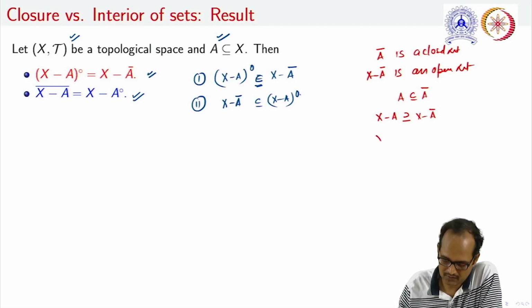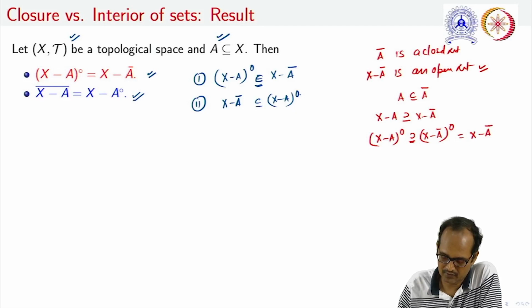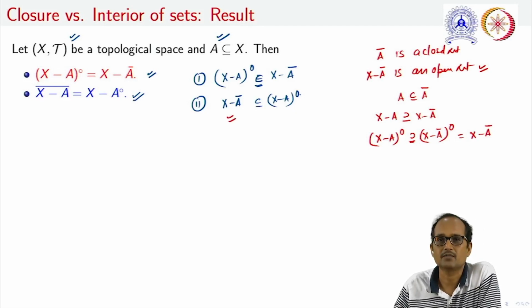Now let us take the interior of both sides. So X minus A interior is a superset of the interior of X minus A closure. But because X minus A bar is an open set, this interior will be X minus A bar. That's why X minus A bar is a subset of X minus A interior.